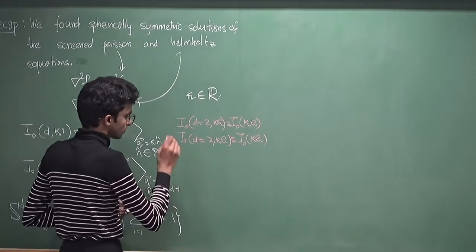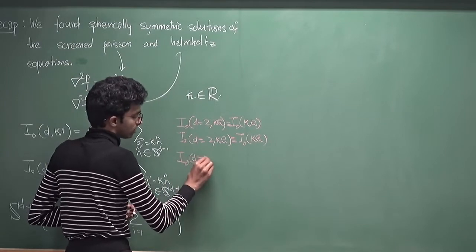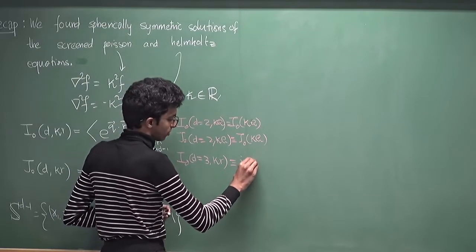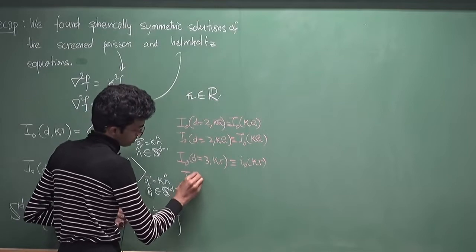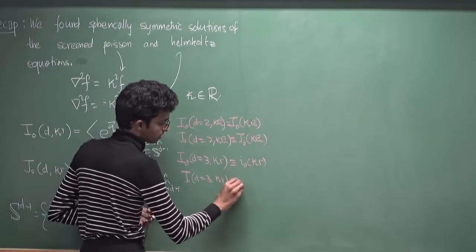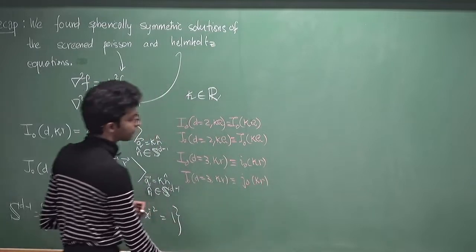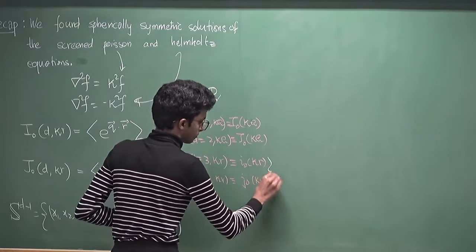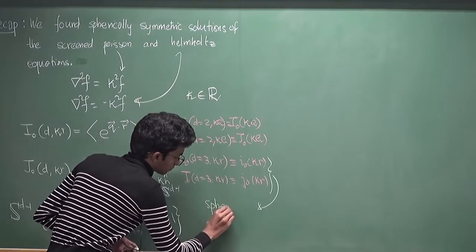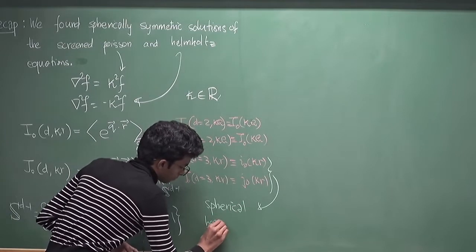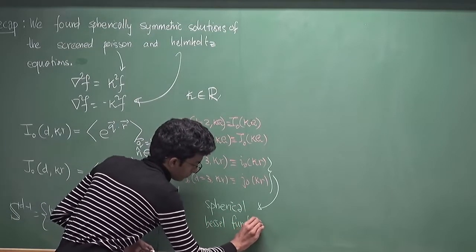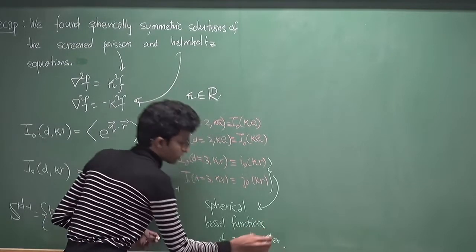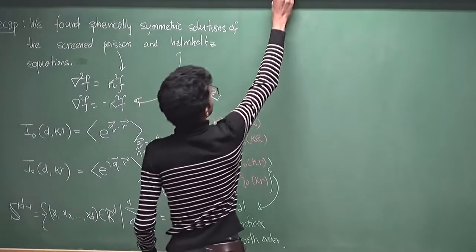And I naught for d equal to 3, kappa r, is usually called little i naught of kappa r, and J naught for d equal to 3, kappa r, is usually called little j naught of kappa r. These are called the spherical Bessel functions of zeroth order. So that's where we stopped last time.